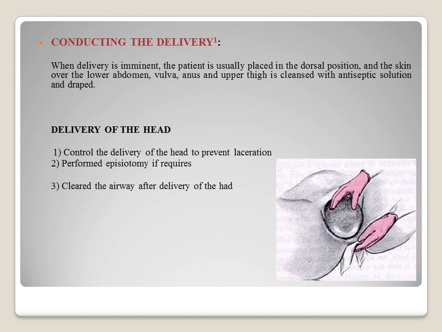We should support the perineum to prevent the laceration, and perform episiotomy if required when the presenting part or fetal head reaches the crowning level. And after delivery of the head, we should do cleaning of the airway and suction if needed.